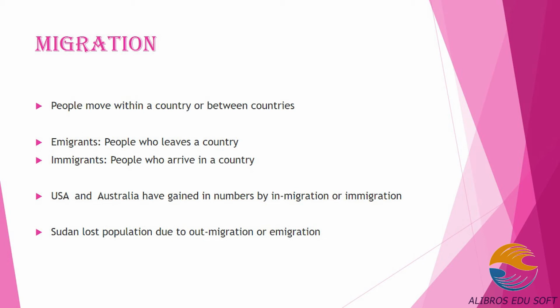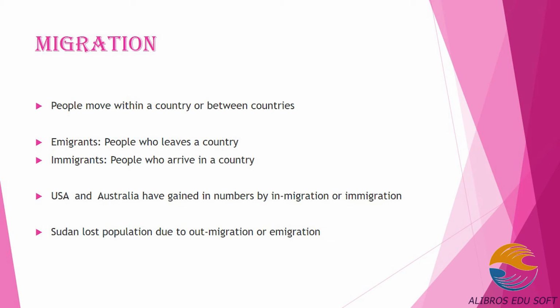Immigration and emigration are the factors which explain this. People move from one place to another, maybe for education facilities, or for getting enough job opportunities. Emigrants are the people who leave a country, moving from one country to another, and immigrants are the ones who arrive in a country.